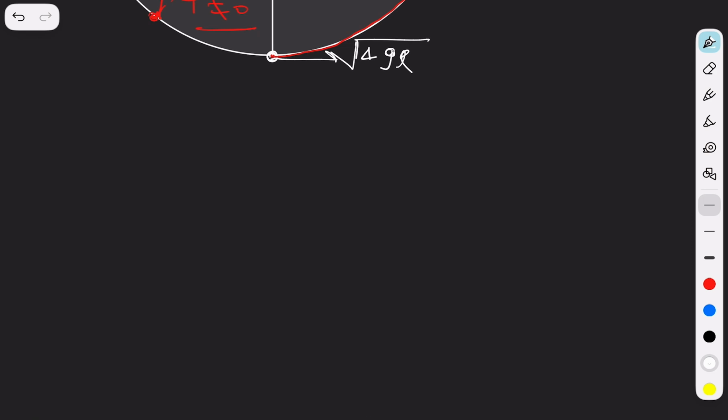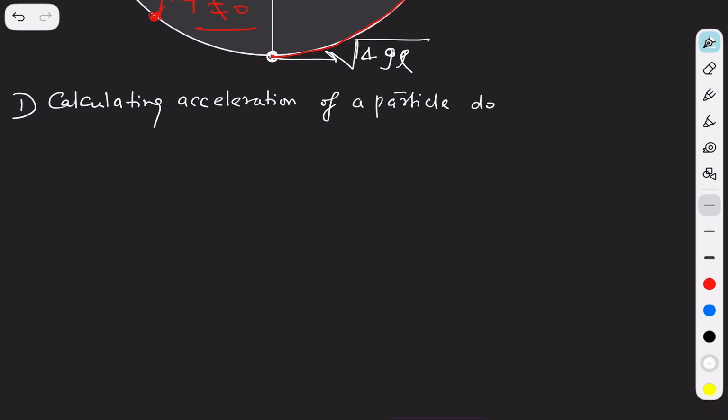the first thing that I am going to cover is calculating the acceleration of a particle doing motion on a general curve.